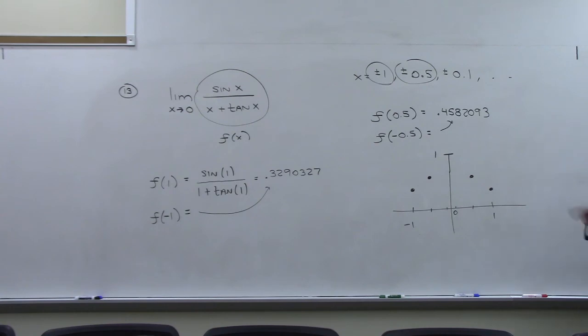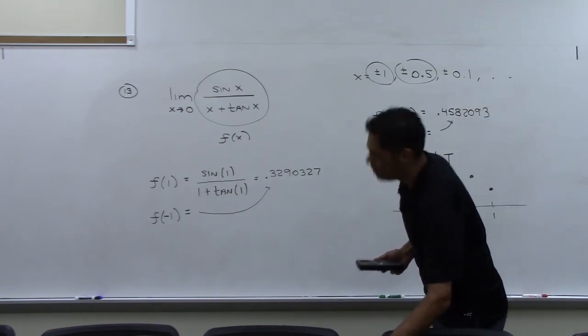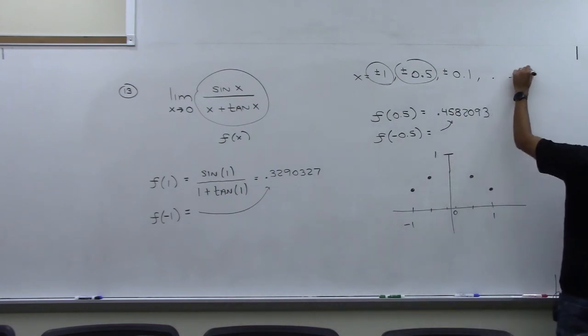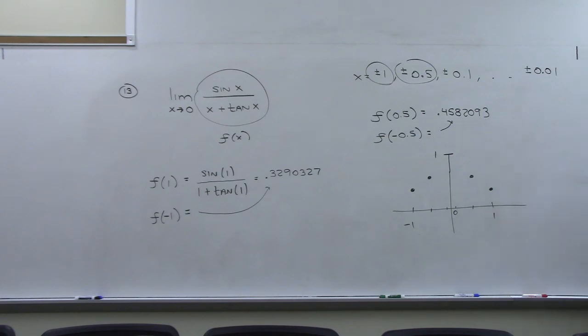Don't know yet. Let me go down to the smallest one they have on this list, which was plus or minus 0.01. So I'm going to do that one in here now.